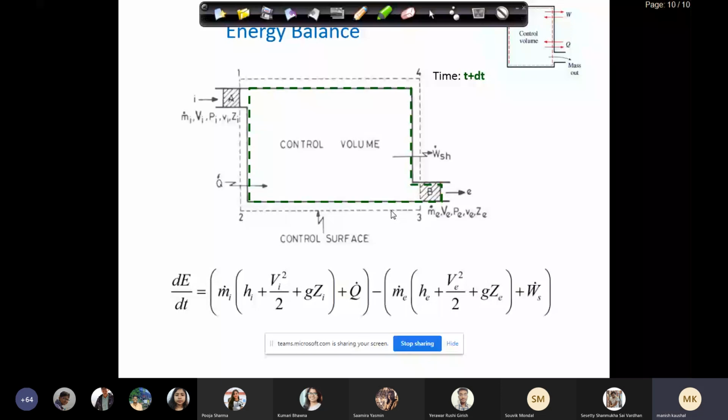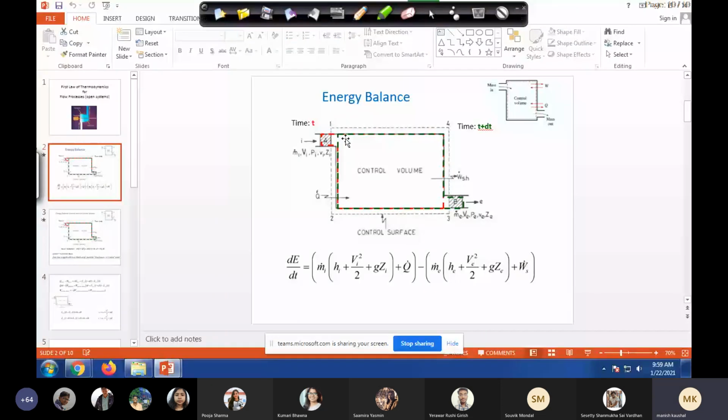That black dashed line is shown outside the pipe, but it's not outside the pipe. Did you get my point? See, if you look at this green boundary and red boundary, the red boundary is the envelope of that fixed set of particles at time t, and the green envelope is the envelope of those same particles at a later time.